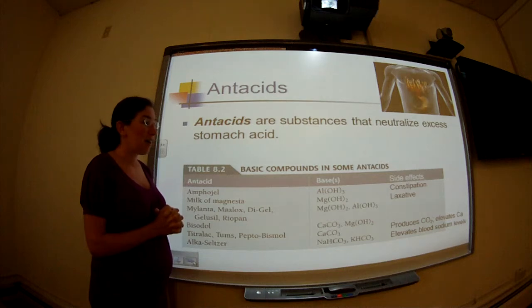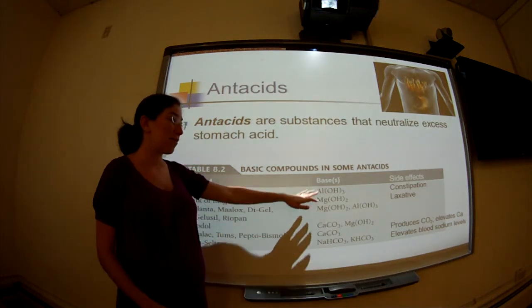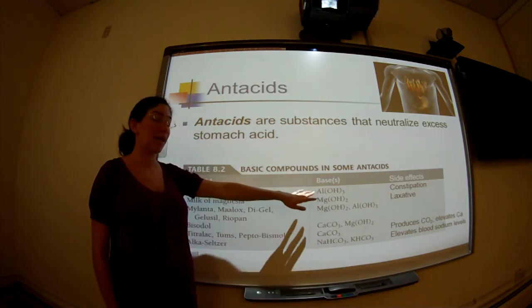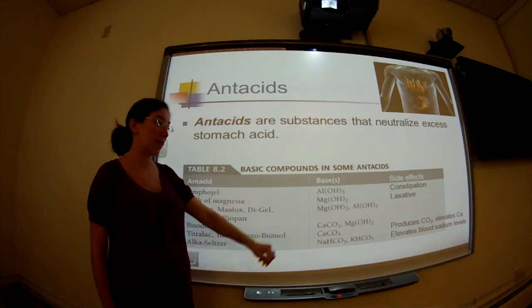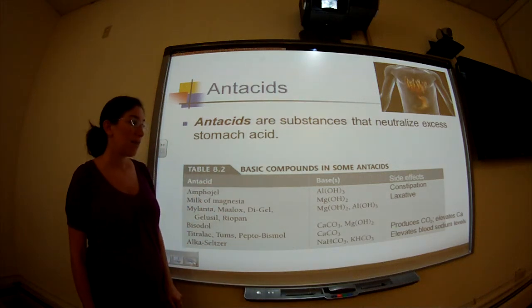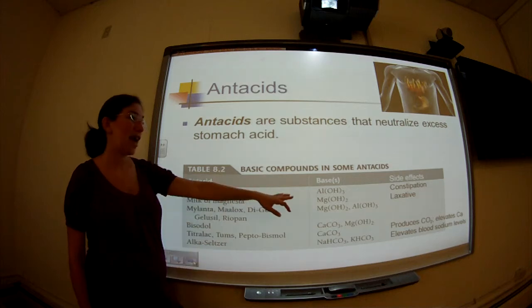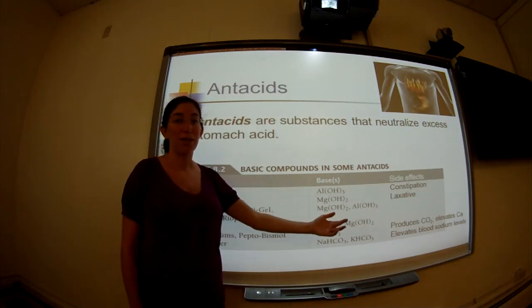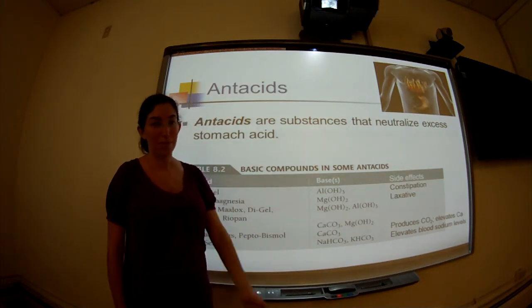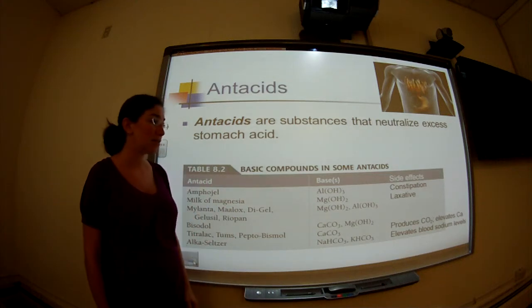Some of these other ones have hydroxide bases, like a metal hydroxide: aluminum hydroxide, magnesium hydroxide. Magnesium hydroxide actually has a laxative effect as well, so it promotes movement of the bowels.